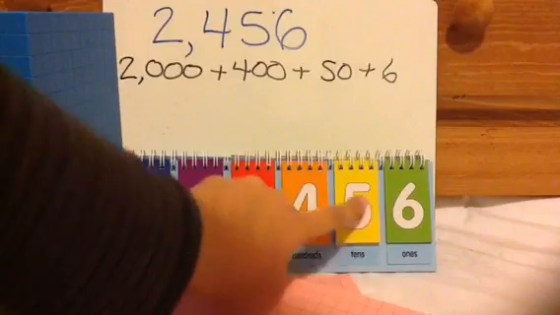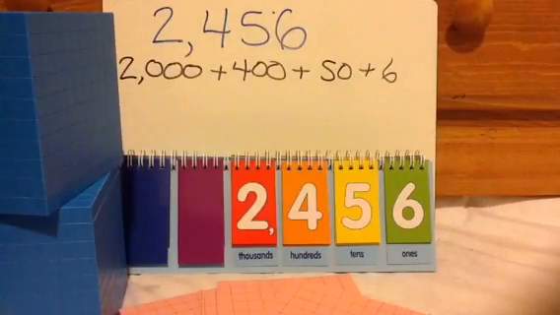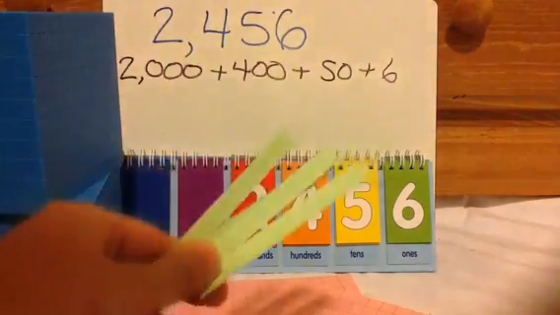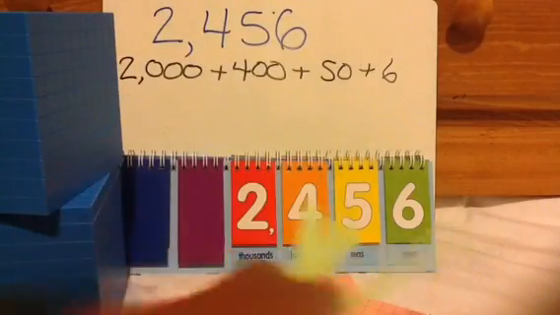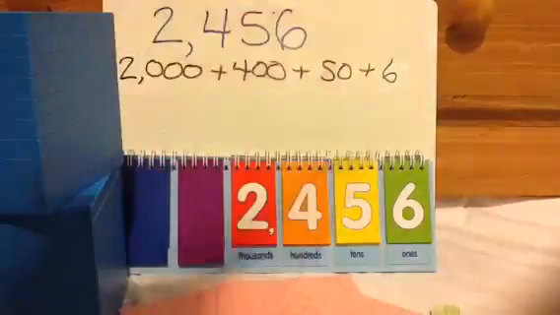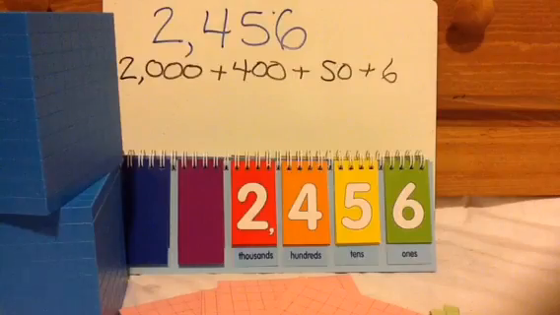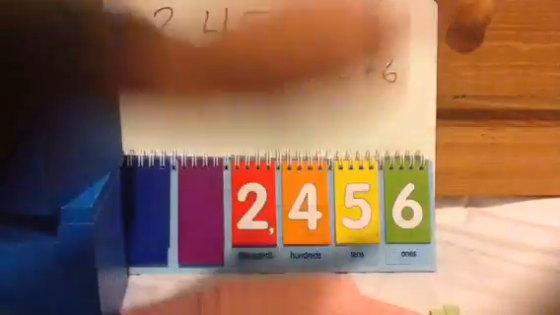The 5 here stands for 5 10s blocks. So 1, 2, 3, 4, 5. So when I have 5 blocks and each one is worth 10, I have a value of 50, and that's where the 50 comes in. And then same thing with this. I have 6 1s blocks.